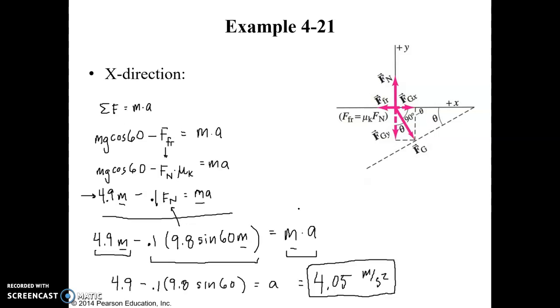So as it turns out, an interesting thing to note here is that it doesn't matter what the mass is. It doesn't matter if you have a very small, petite skier or a very large, massive skier. According to physics, the acceleration will be the same either way. Now, in the real world, you do have to keep in mind there are some other variables such as wind resistance.